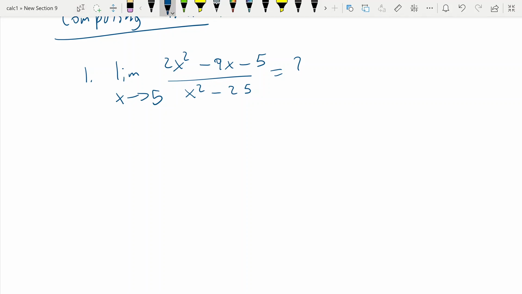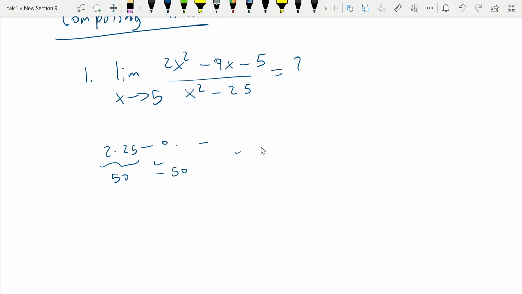5 squared is equal to 25, so the denominator vanishes. But what happens when we plug it into the numerator? We get 2 times 5 squared, which is 25, so 2 times 25 minus 9 times 5 minus 5, and this is equal to 50 minus 45 minus 5, so you also get 0.